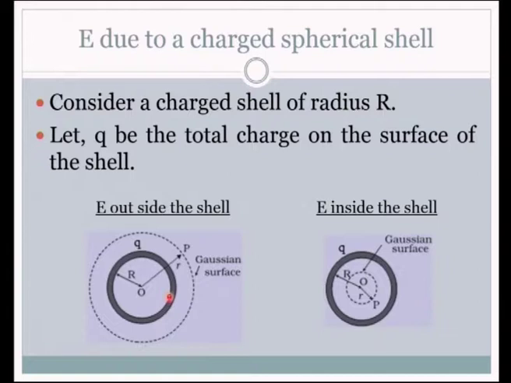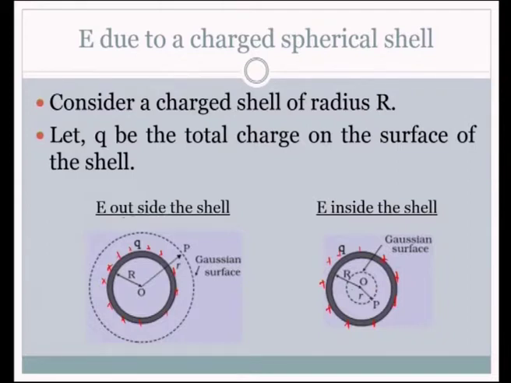We are not showing the charges on this, because it is represented just for the sake of simplification in the diagram, it is understood it has got the charge on the shell like this. And there are 2 points, we want to find out the electric field inside and electric field outside. This is again the same shell only, the charges are appearing on the surface. It is hollow inside, nothing is there inside.